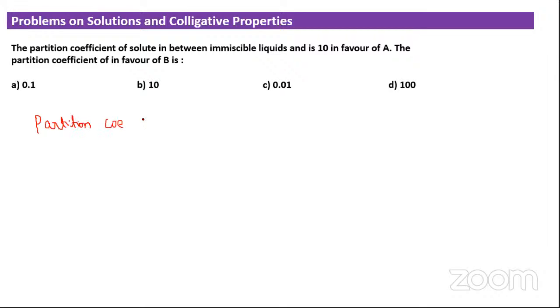Okay. So that ratio is called partition coefficient. It is equal to the ratio of concentration of solutes in both the liquids. ठीक है, तो उसको यूज करो.